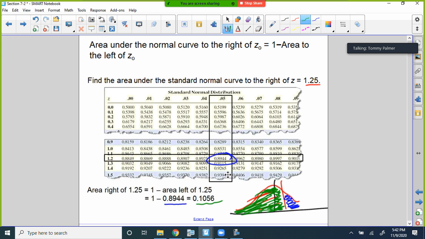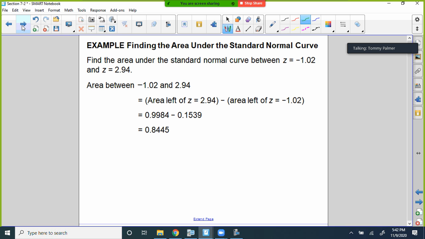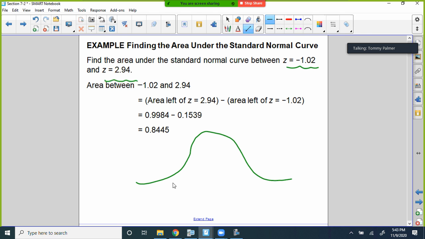So we got the area below. We've looked at the area above, how to find it. And then we'll look at finding the area between these, right? Well, a z-score of negative 1.02 happens to be below the mean, and a z-score of 2.94 is going to be somewhere above the mean, right?